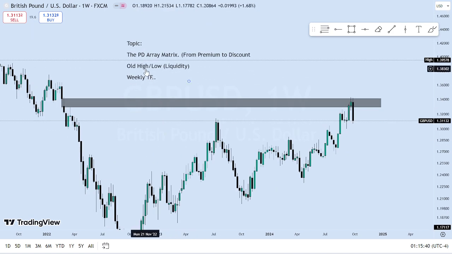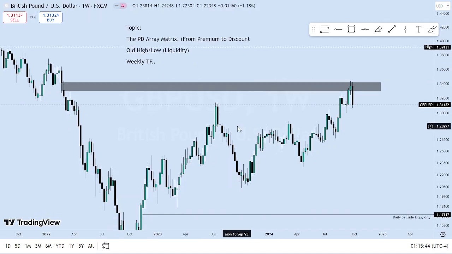We're talking on PGR metrics. So we're saying something about premium level and discount level. Price going up is going for a premium level, then price going down is going for a discount level. A liquidity resting above or below, any inefficiency resting above or below, that's what makes price move up or down.